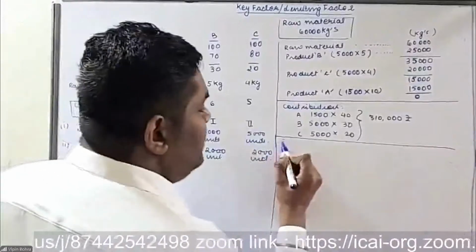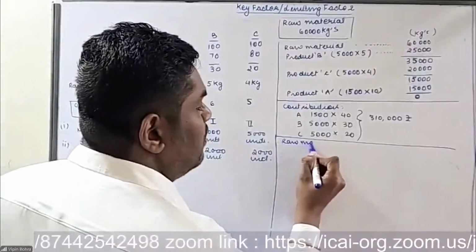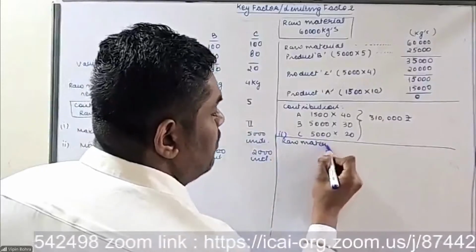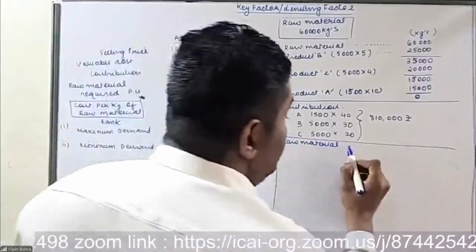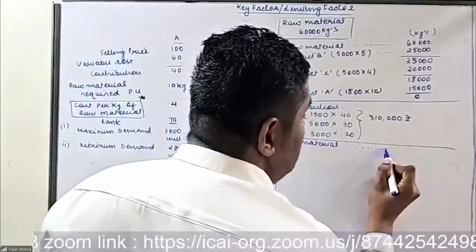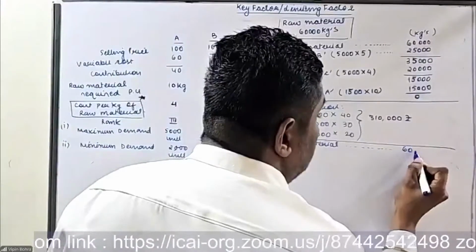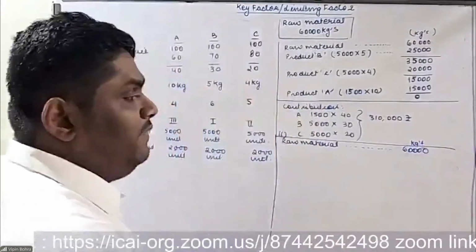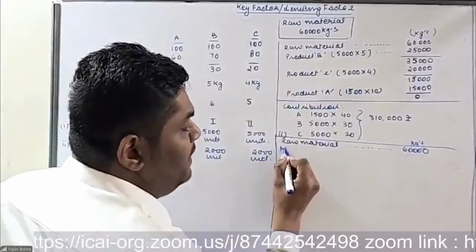Now the point is how to start with writing the solution. So now see, the raw material available is 60,000 kgs. So what we will do is we'll first fulfill the minimum demand.